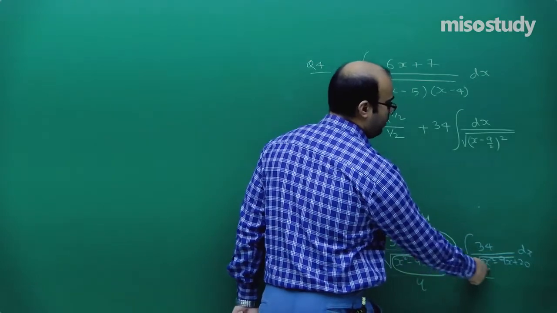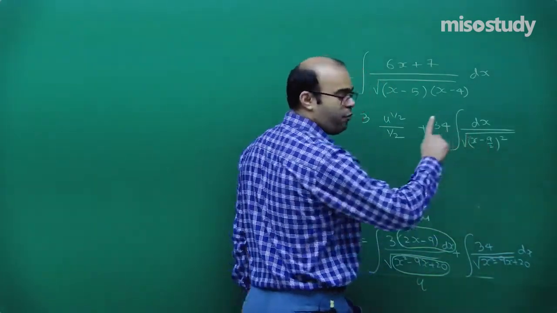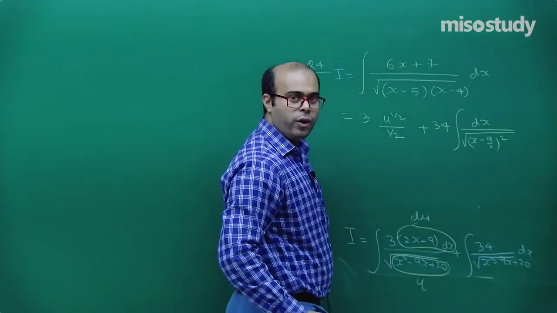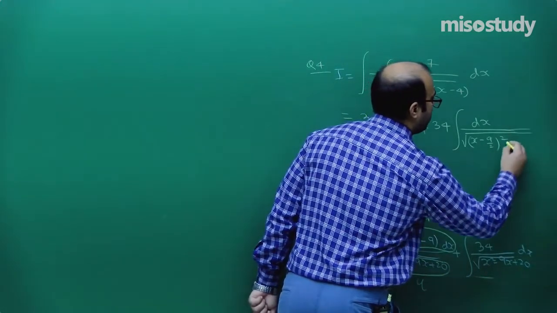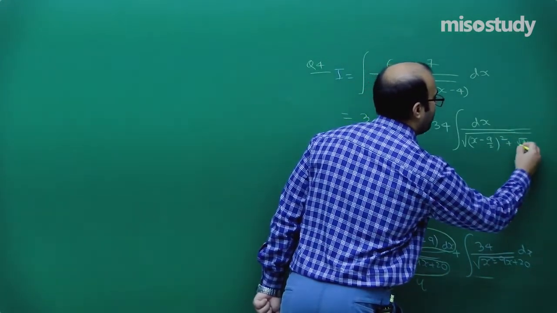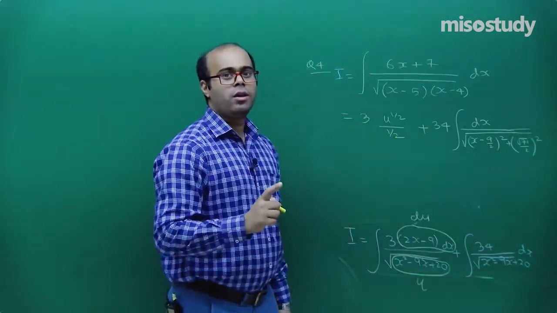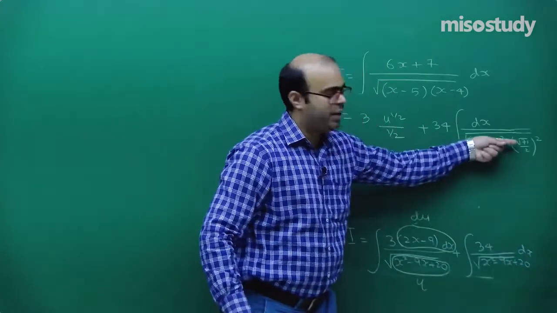So, x square will come, minus 9x will come as a term of 2ab, plus 9 by 4 is extra. So, we have to subtract 9 by 4 from 20, that will give you 80 minus 9 by 4, that is root over 71 by 2 whole square, if you remember how we used to do the completing the square. So, this term can also be written like this.